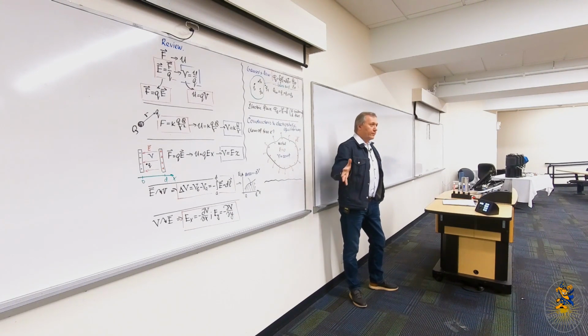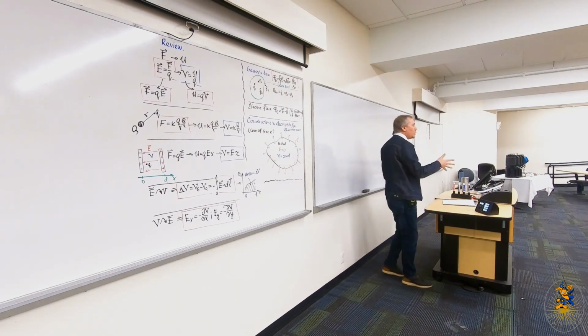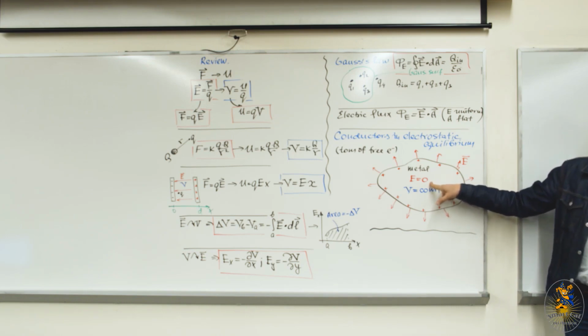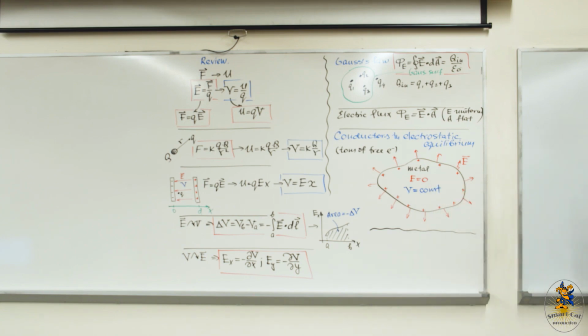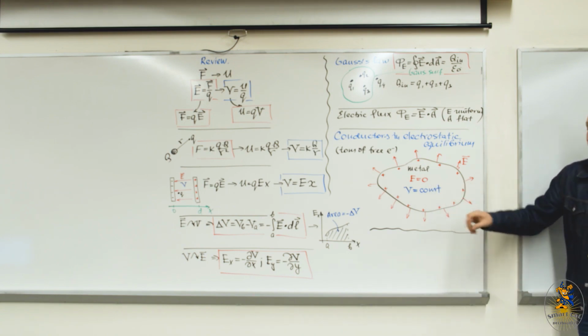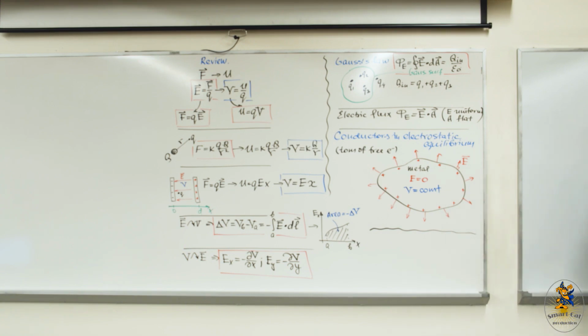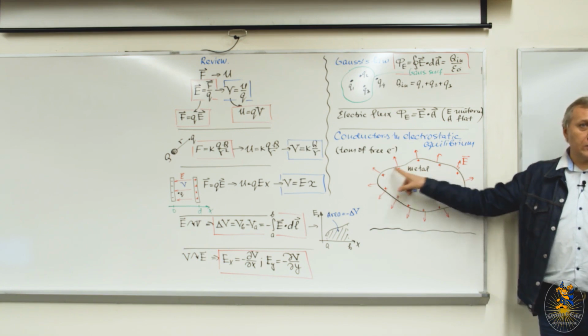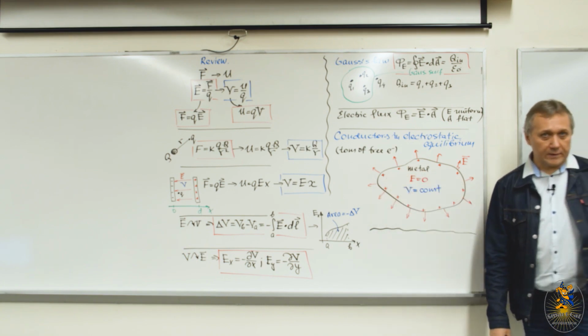electrons will move and distribute themselves in such a way as to make the electric field inside 0. Otherwise, electrons will never stop running. They will keep running and running and running to make the net electric field inside 0. So then, if there is any excess charge on the conductor, that excess charge must reside on the external surface of this conductor.